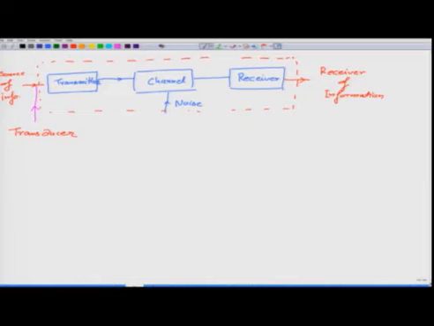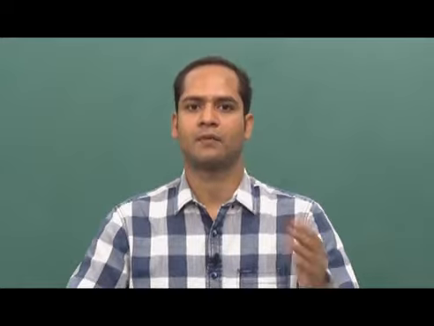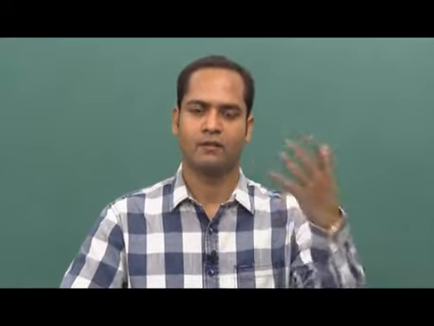Then we saw that, since we were discussing audio signals, how to transmit an audio signal, the frequency of an audio signal is so small that it cannot be transmitted as such. If we want to transmit the voice signal converted into electrical signals as such, the dimension of the antenna will be several kilometers. Whereas if we increase the frequency somehow, the requirement of the dimension of the antenna decreases.